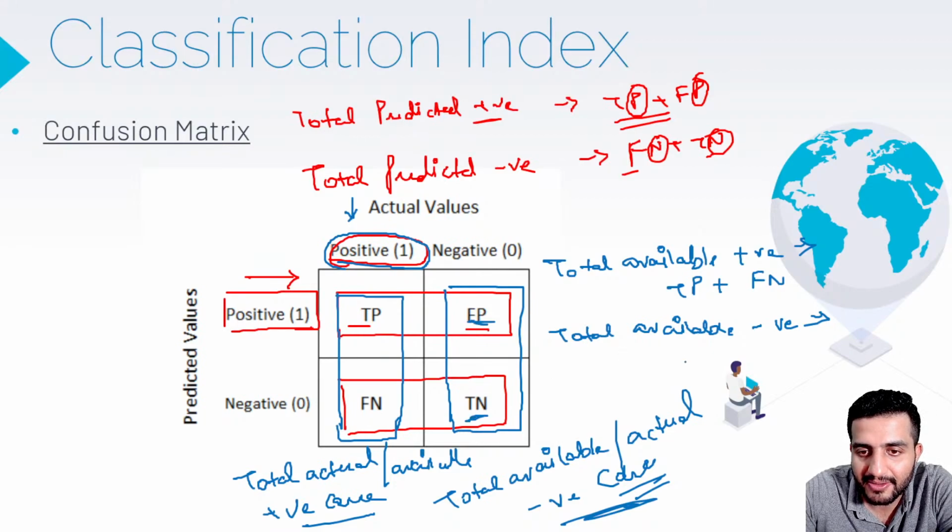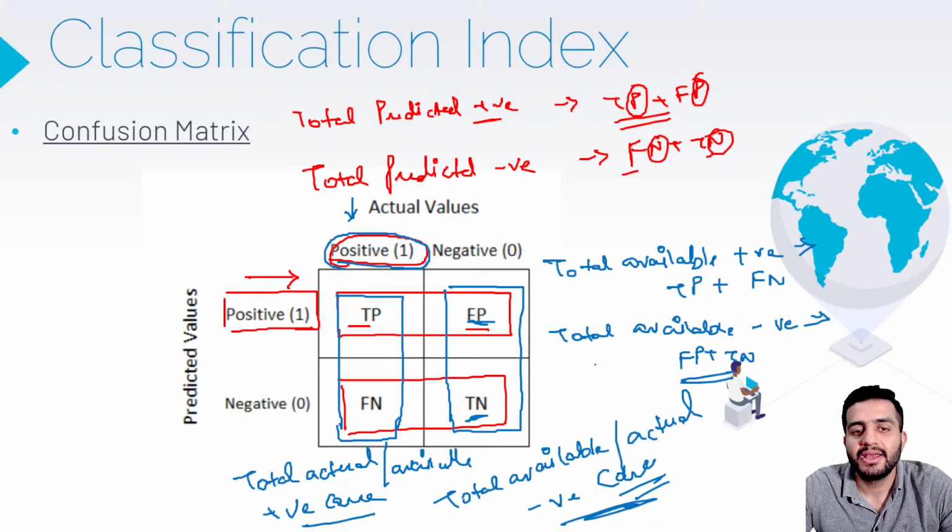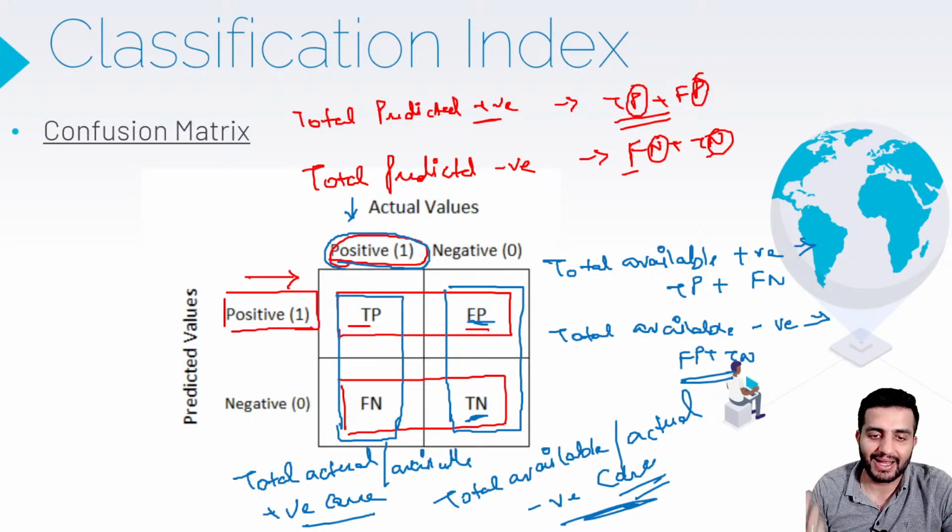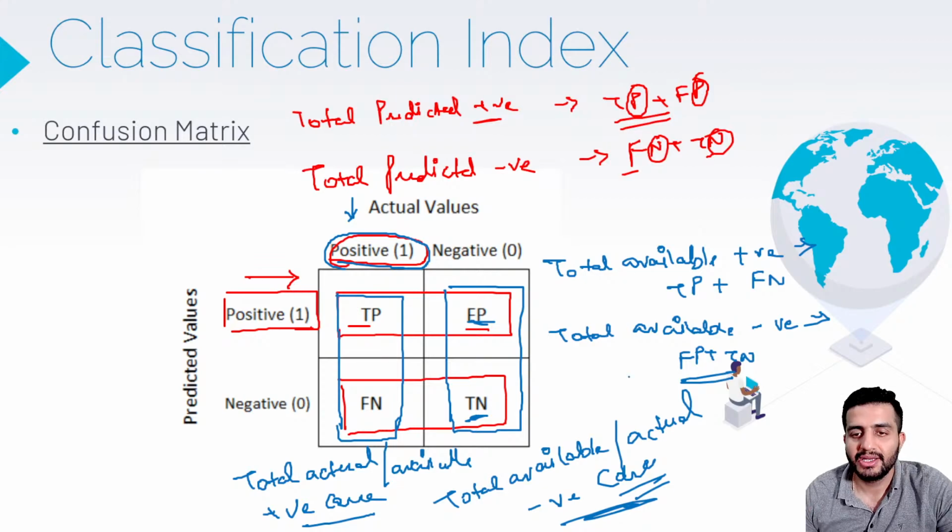FP plus TN. Make sense? So once you draw your confusion matrix, right, it becomes very simple. But again, at the same time, if you try to mug up all these, then it becomes a little tricky. Correct? So this total available negative would be FP plus TN.